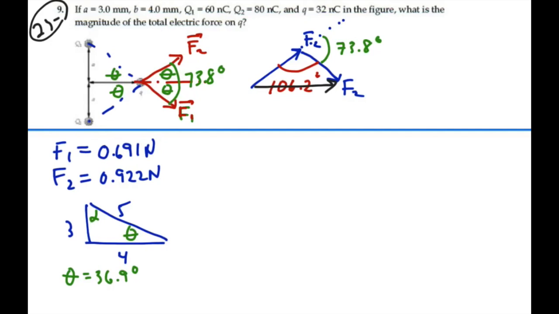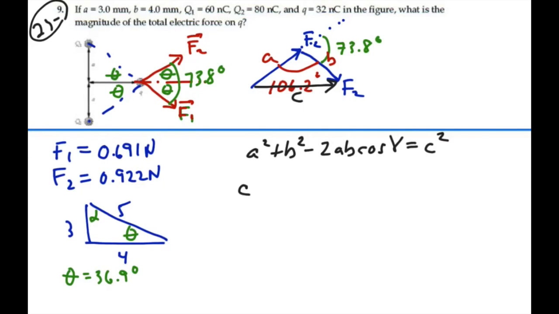The law of cosines says that a squared plus b squared minus 2ab cosine gamma is equal to c squared. In this case, this is the c we're looking for. Here's a and here's b. We know the magnitude of a and b, so we can do this.